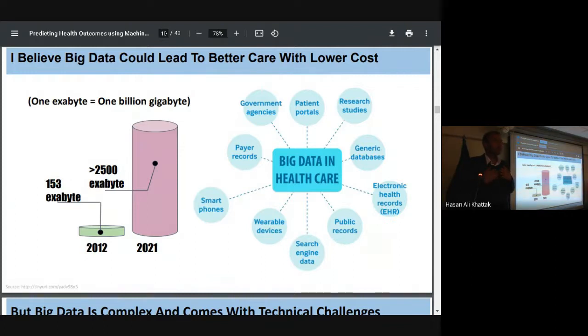I believe that this big data could lead to better healthcare at lower cost. But this big data will come with a lot of technical challenges and caveats that, as computer scientists, we need to solve. Now, where does the big data in healthcare come from?